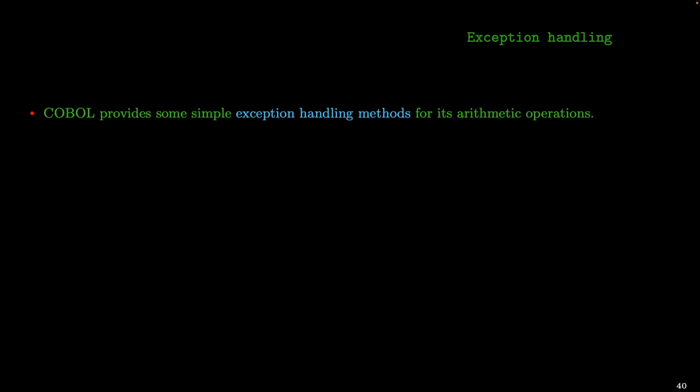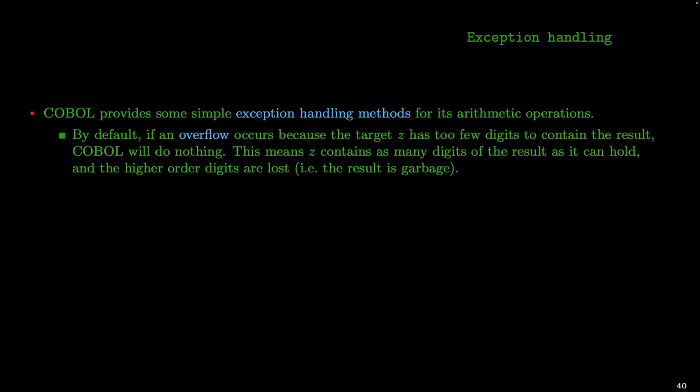COBOL does provide some simple exception handling methods for its arithmetic operations. If an overflow occurs because the target variable z has too few digits to contain the result, so z is too small to contain the result, then COBOL will actually do nothing. It simply fills up z with as many digits as it can contain, and all the higher order digits will be lost.